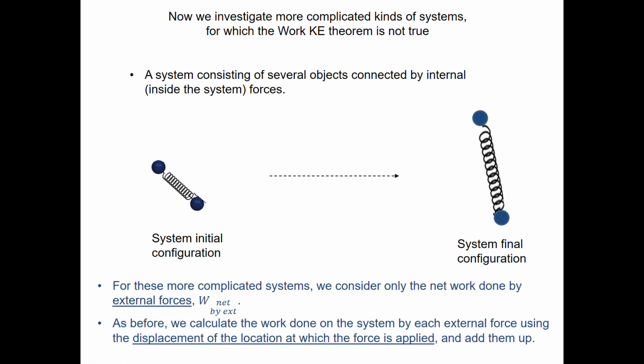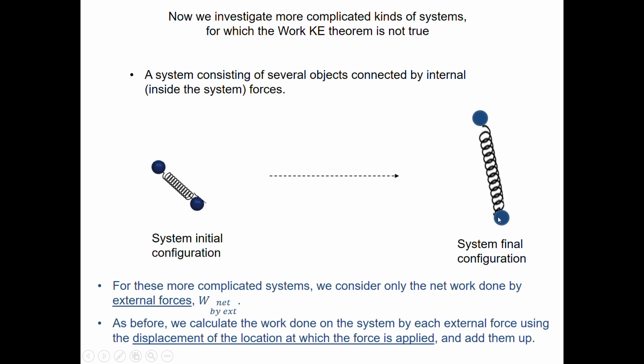We're also going to calculate the work done in the following way. If there's an external force acting on this particular piece of the system as it goes from here over to here, there are different displacements here, and the displacement for calculating the work done by an external force acting on this one is the displacement that it undergoes from the initial state to the final state.